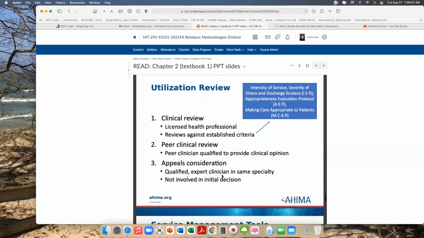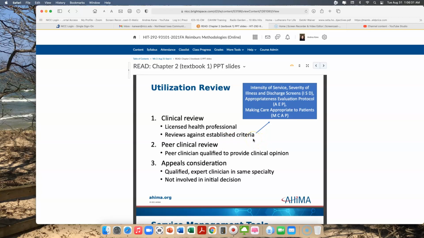When you're talking about utilization review, they perform clinical reviews, usually by an RN, although RHIAs and very skilled RHITs have been able to do that as well, but typically they want a nurse, an RN, doing the clinical reviews. They review against established criteria, and there's a couple of different types of criteria that they use.